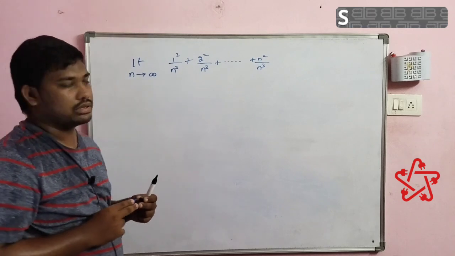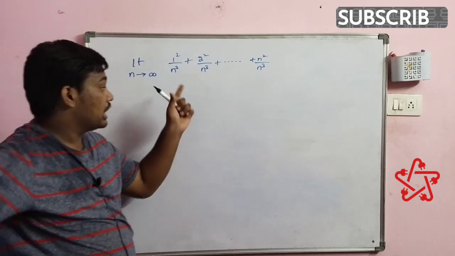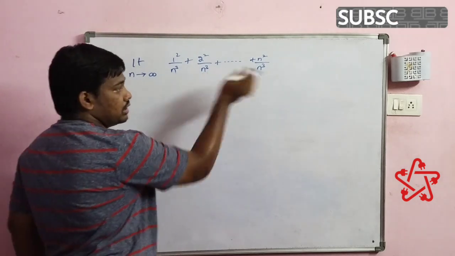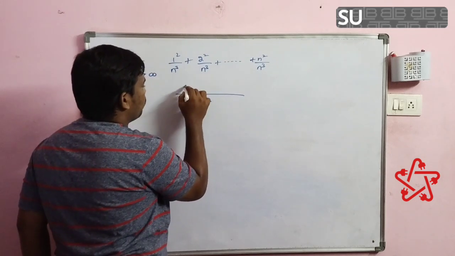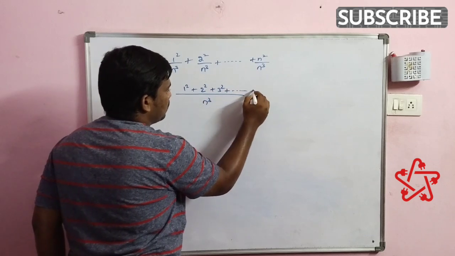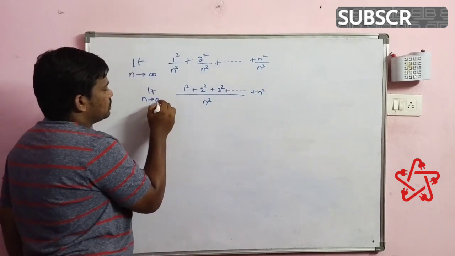Now, for solving this question, the denominator is common, so it becomes 1 by n cube times 1 square plus 2 square plus 3 square plus so on plus n square. We modified it like this now.